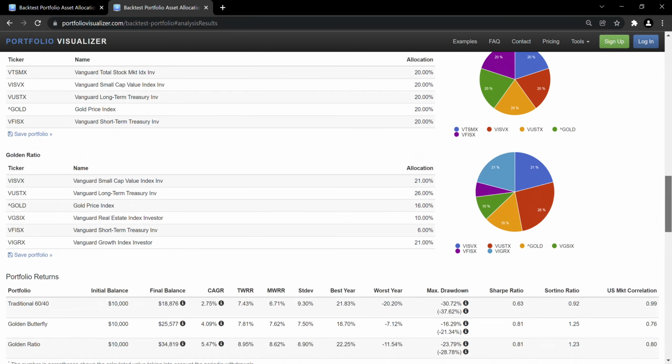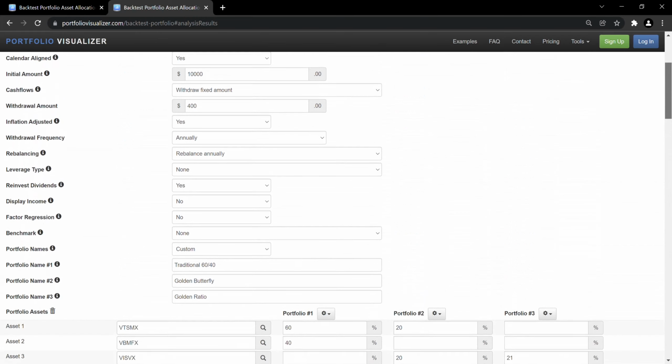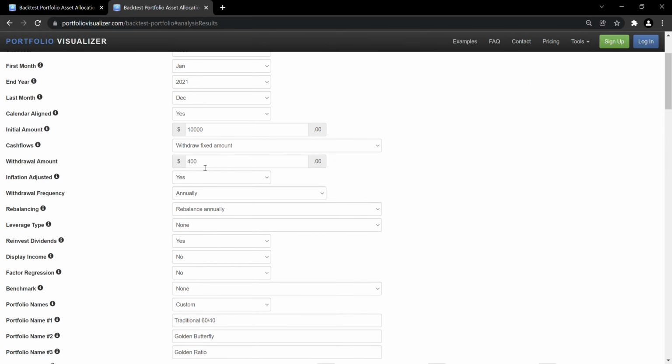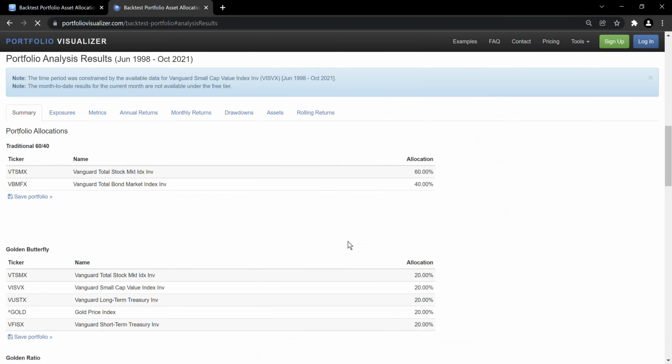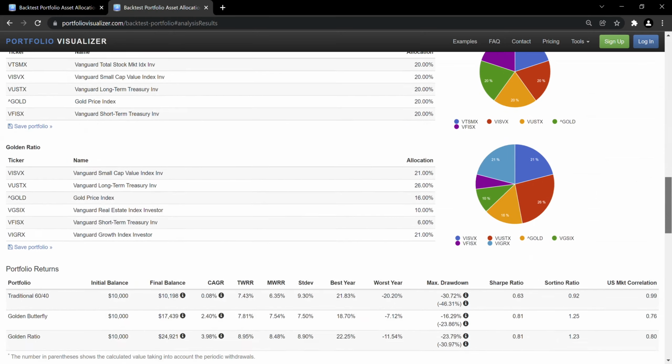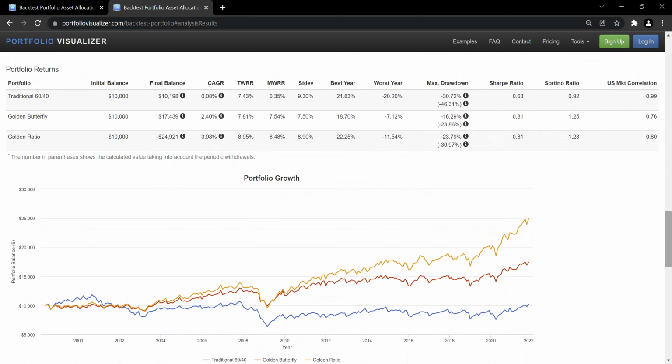And now let's go up and test them even more stringently. And this would be a 5% safe withdrawal rate. We'll run that. And you can see that the traditional 60/40 portfolio is barely surviving, that it is only at 10,198 at the end of the period.